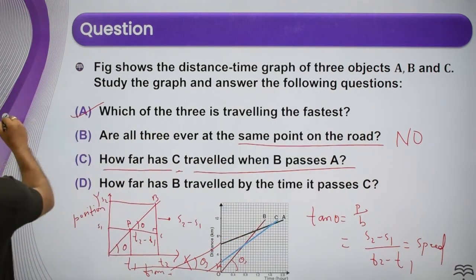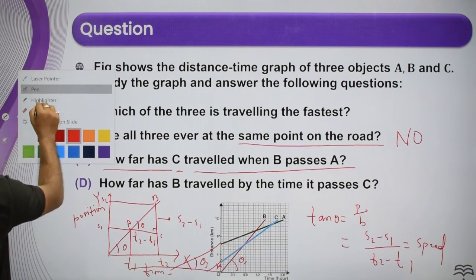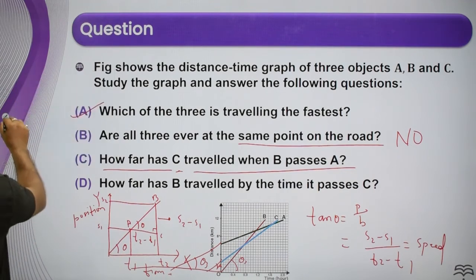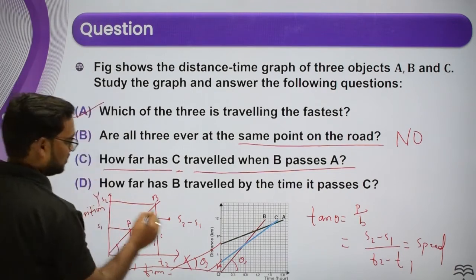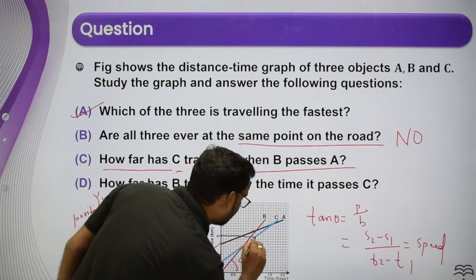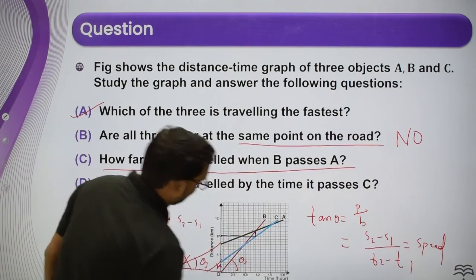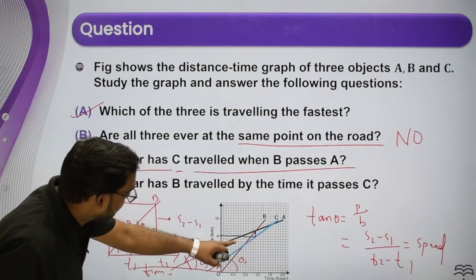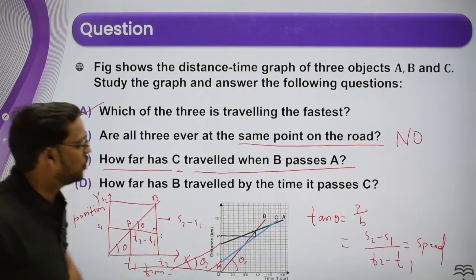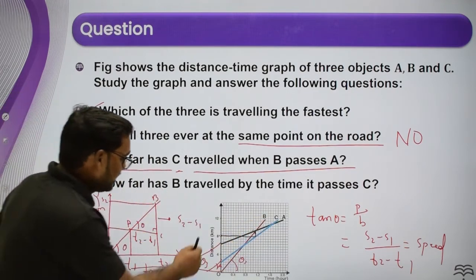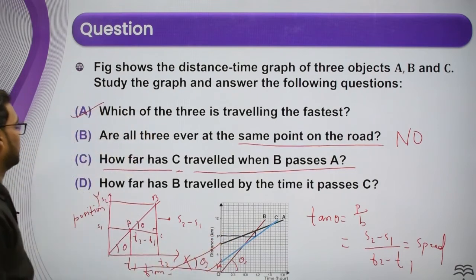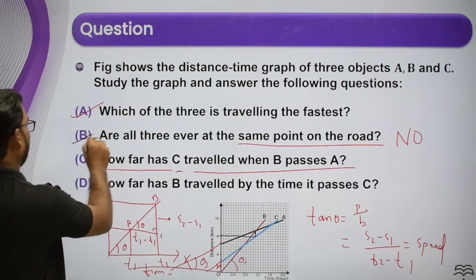Now you can see over here, this is the point where the particle C has traveled when B passes A. So tell me the distance corresponding to this point. This is 8 kilometer. So what is the answer of the C part?